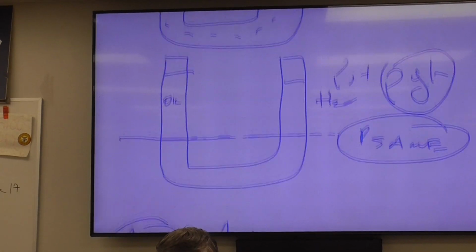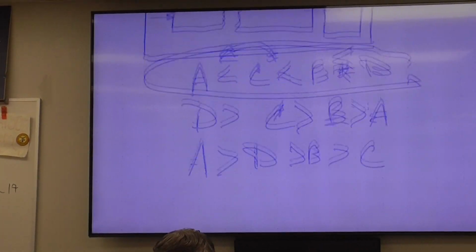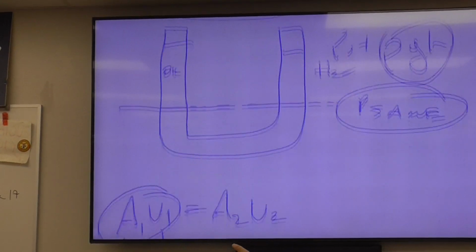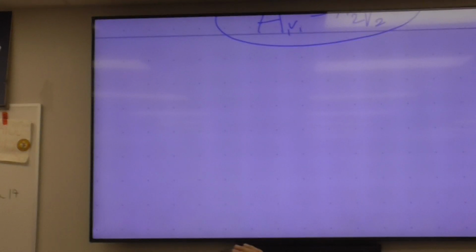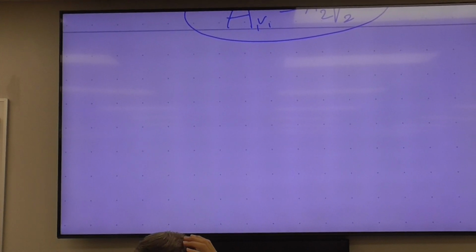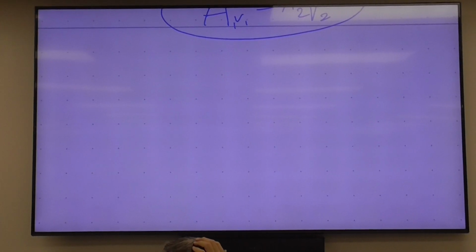Now we're going to tie this all together into one big equation. This is what's known as the continuity equation, which is the longest equation on the entire equation sheet.